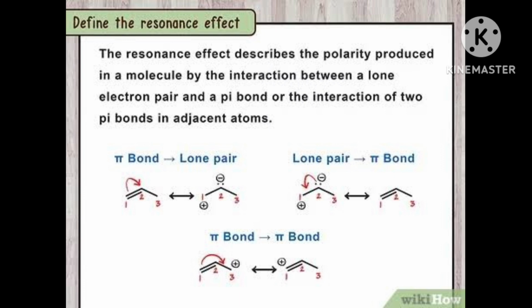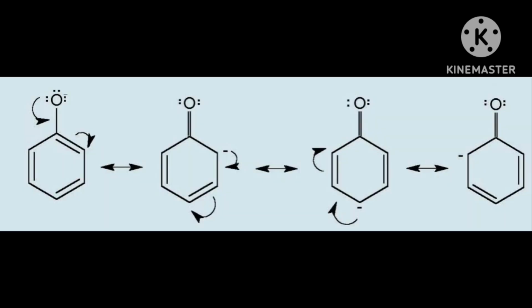Just to show the movement of electrons, two curved arrows are used. The first curve shows that the lone pair of electrons of nitrogen is going towards the single bond between nitrogen and carbon, and it will try to make it a double bond.